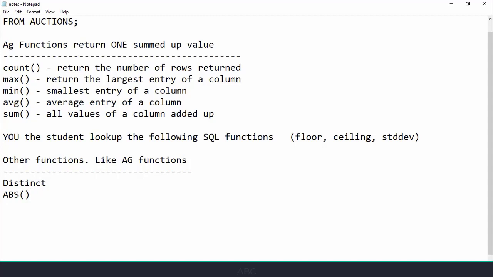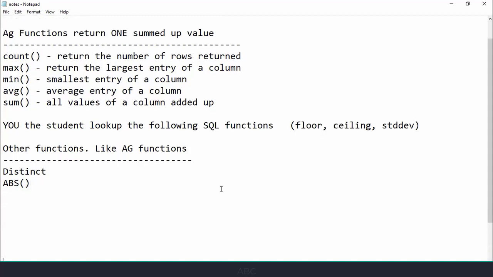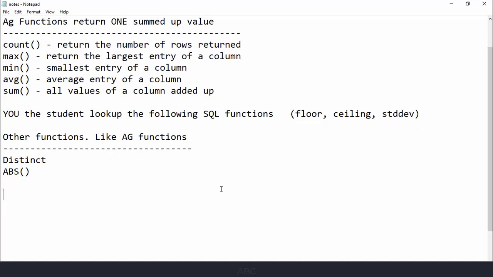Like, for example, let's just say that we buy and we sell stuff.